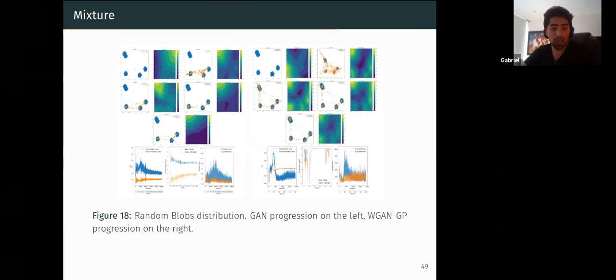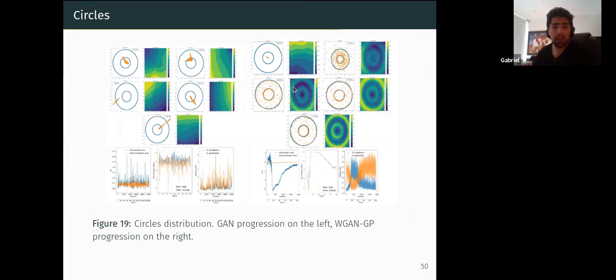Well, in this slide, we can see that whereas there is no convergence by the original GAN, we have convergence with the Wasserstein GAN with the gradient penalty on all modes of the distribution. All modes end up being represented and sampled from if we use our Wasserstein GAN with the penalized gradient.